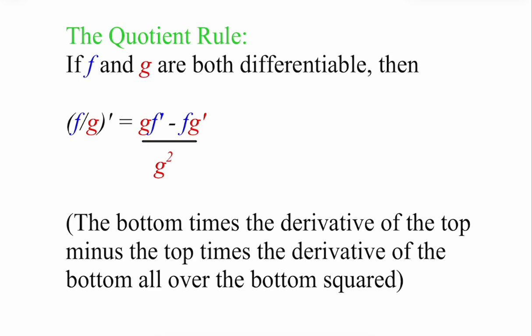The product rule doesn't. It has a plus between them. So if you mess up the order there, it's going to be okay. You mess up this order, it's not going to be okay. You'll get the opposite of what you want. So you always start with the bottom times the derivative of the top minus the top times the derivative of the bottom over the bottom squared. That's just what it is, okay?